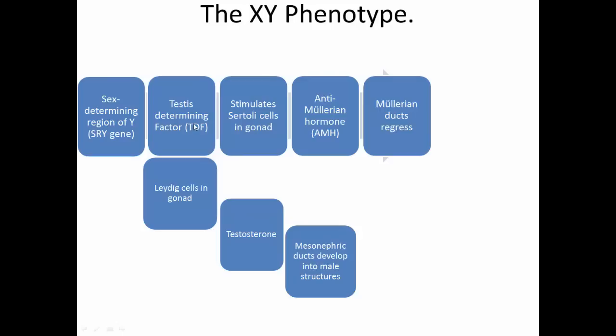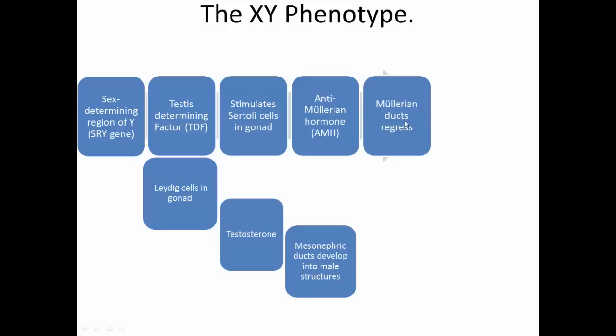And what it does is twofold. One thing is that it begins to stimulate Sertoli cells in the gonad. And the reason that that's important is that those Sertoli cells make a hormone called anti-Mullerian hormone, or AMH. And when that is made, we're going to have the Mullerian ducts regress.